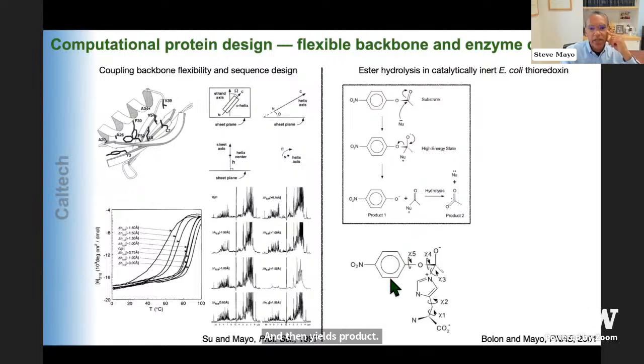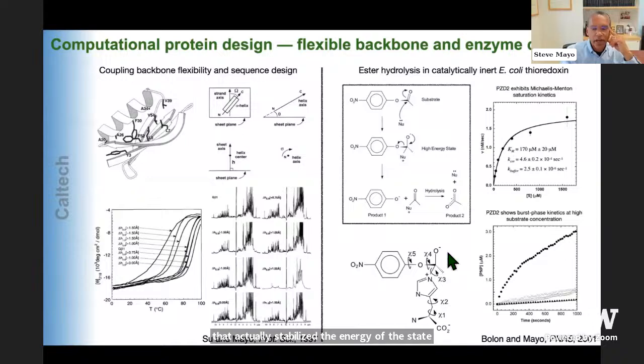The way we implemented this was by creating rotamers of the high energy state and then inserting that into the protein and looking for design mutations in the protein scaffold that actually stabilize the energy of this state. That works. You can get an active molecule that shows saturation kinetics, burst phase kinetics, and other features that are hallmarks of naturally occurring enzymes.